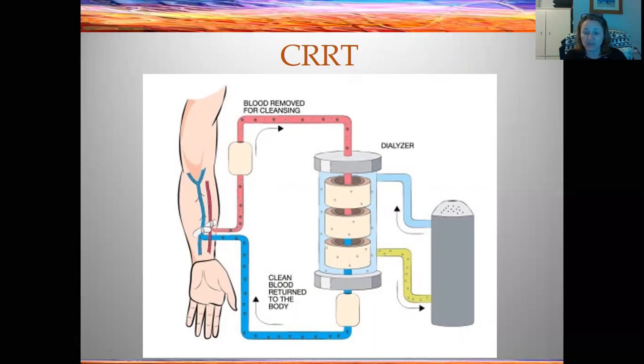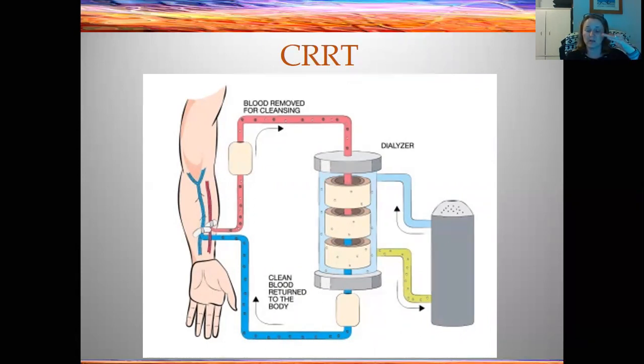So this would be indicated for acute or chronic kidney disease patients who are too unstable for traditional dialysis. So remember, we just talked about all those fluid shifts and the hypotension and all these things that can happen. Well, if your patient's too unstable for that big fluid shift, then we'll do it continuously.